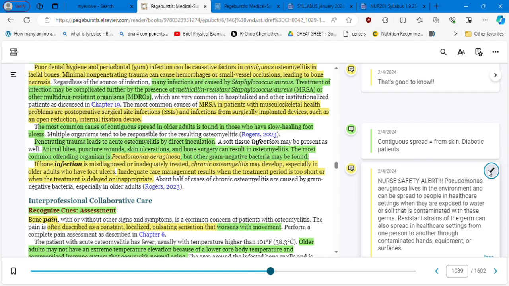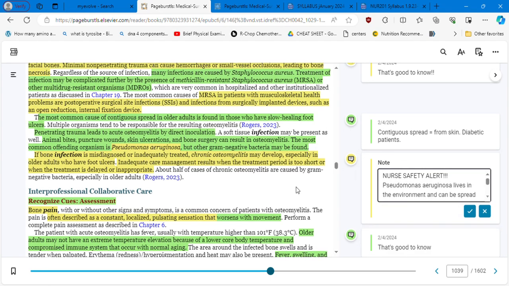Okay, so nurses, go to your shift. You finish your shift, you wash your hands, go home, change your uniform, change everything, and wash everything. Okay, because you are bringing home a lot of bacteria, and it's not worth it, right?